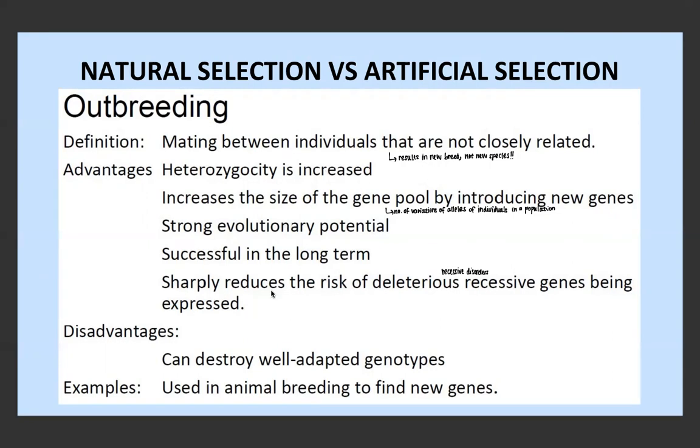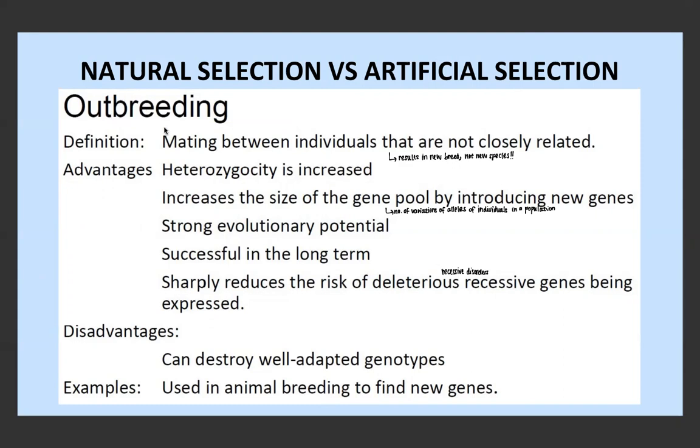Some of the disadvantages of outbreeding is that it can destroy well-adapted genotypes. So if one population is very well adapted to a specific environment, even if it's a small population with very little variation, the little amount of variation could mean that all the organisms are well adapted. So there are very few non-well-adapted organisms.